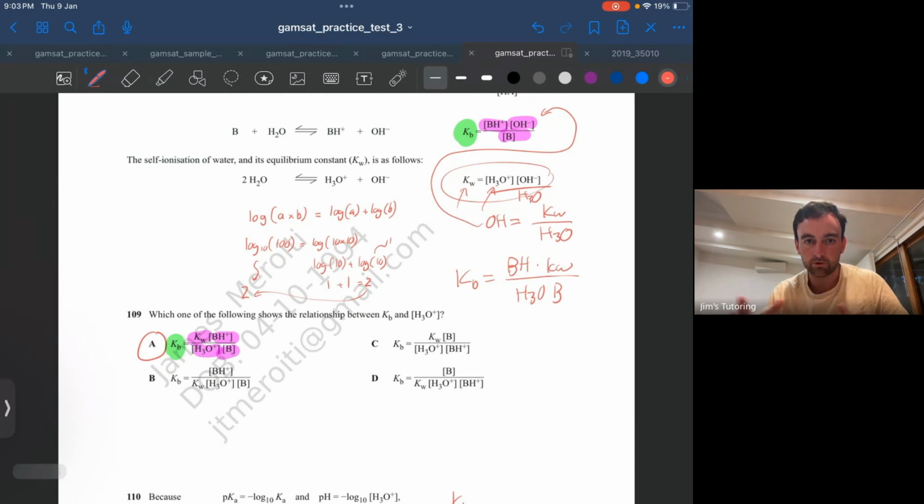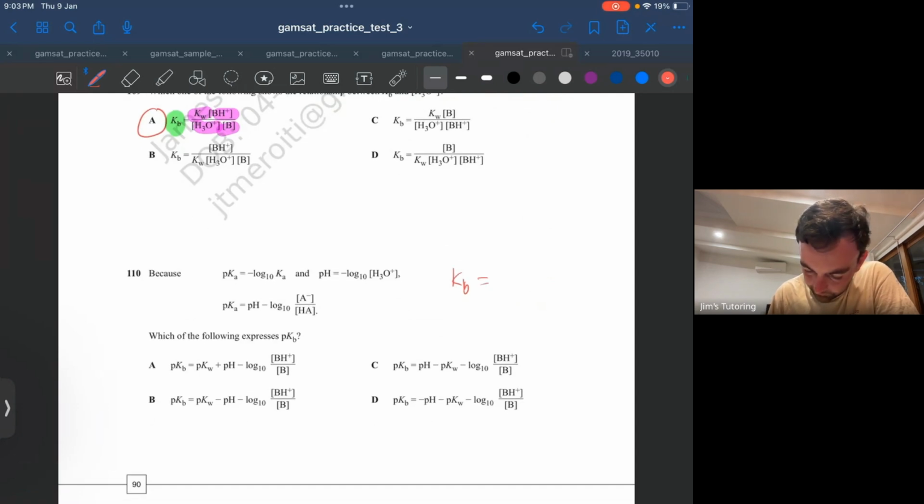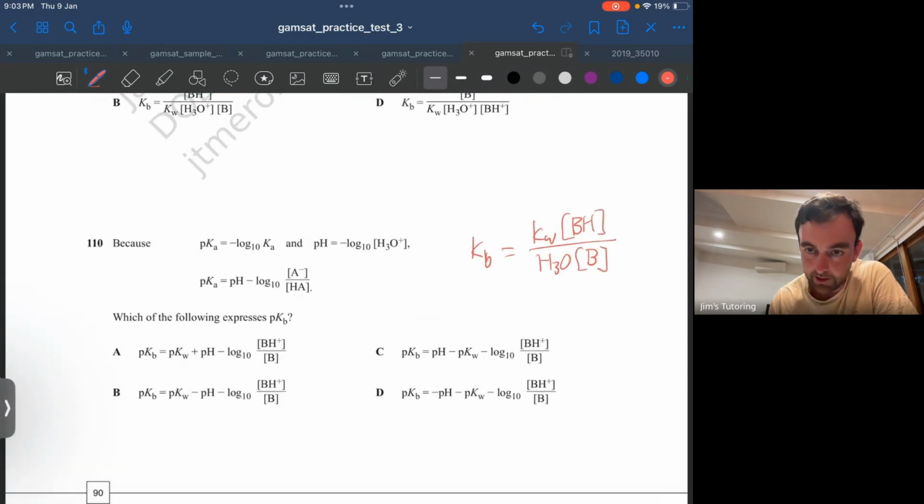All right, so I just want to rush through that, but basically that's how you solve the first one, just substituting formulas. So with that knowledge, we have KW, BH over H3O B. Now we need to find PKB.